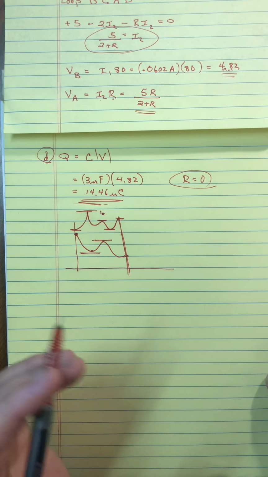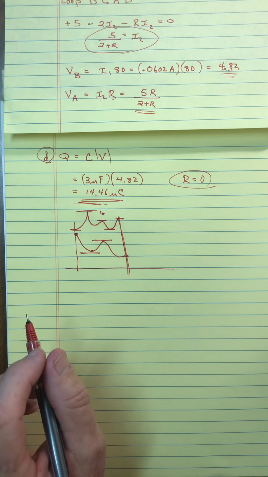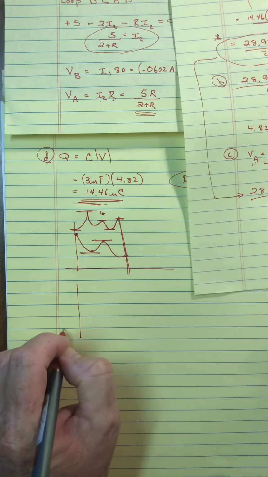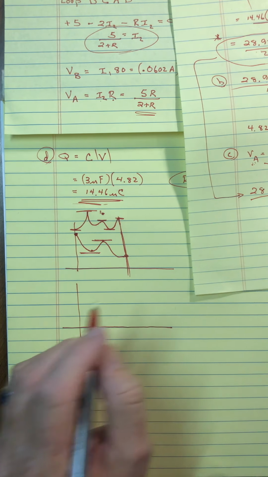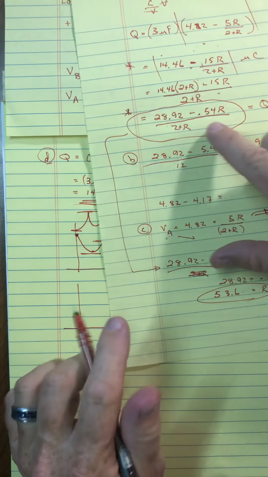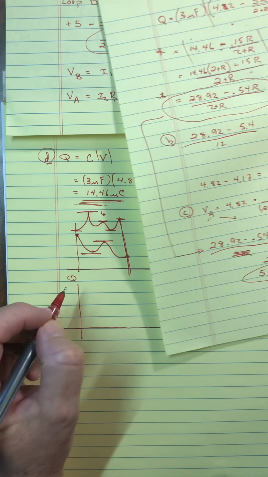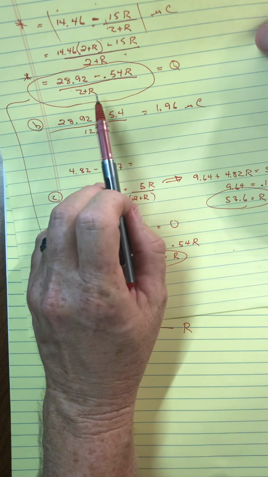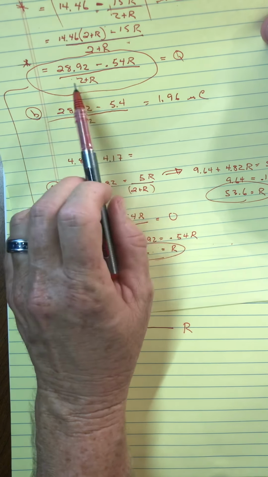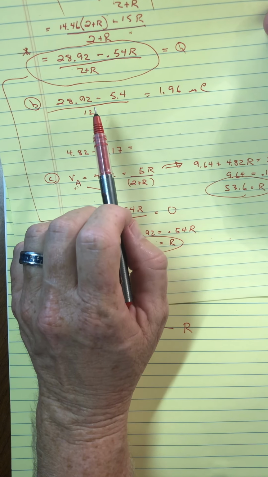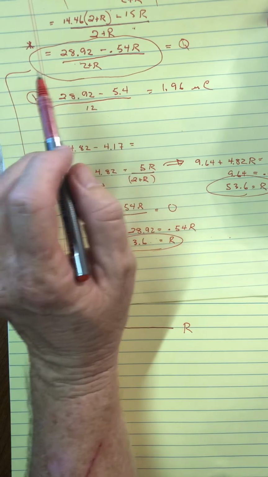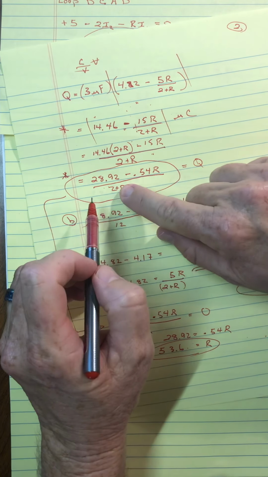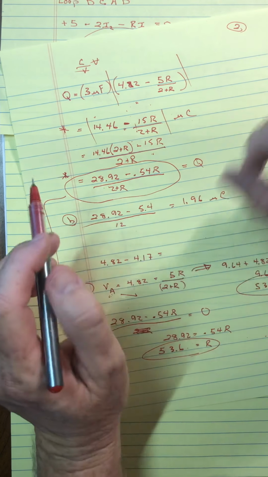So if we wanted to do this more mathematically, we might come over here and maybe even graph it at first. If you plotted R on the horizontal axis and this Q on the vertical axis, you can kind of see in this equation that in the beginning part, when R is really small, something much less than 2, you can just ignore that for a second and you get a line.